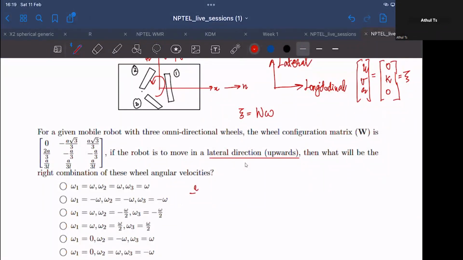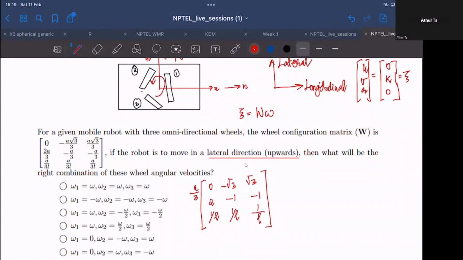If I take this a by 3 out, the matrix would look like: 0, minus root 3, root 3 in the first row; 2, minus 1, minus 1 in the second row; then the third row, 1 by L, 1 by L, and 1 by L.